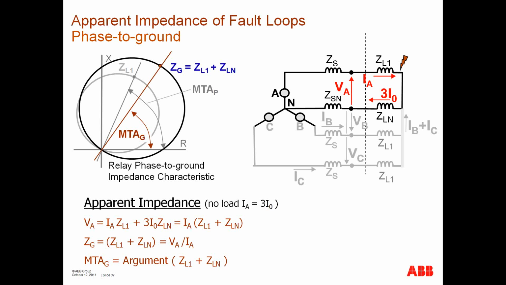That line angle is often referred to as not just the line angle, but the maximum torque angle. For energy-based relays, like an electromechanical, that's the angle at which maximum torque is produced, either closing or opening if the fault is along this line.